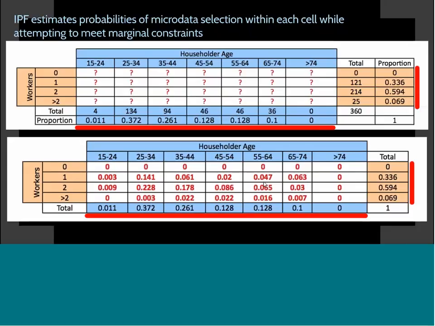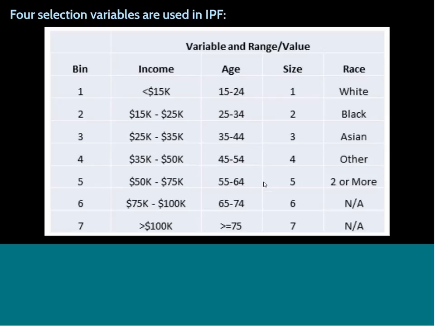for the block group. Now, we use 4 variables to try to match all together to get the best set. If we use more than 4 variables, then it gets more and more difficult to get a good match, because for each of these variables, income, age, household size, which is the number of occupants, and race, we're trying to count up and get the right number of households for a particular income category for all the different age categories and all the different sizes and all the different races.